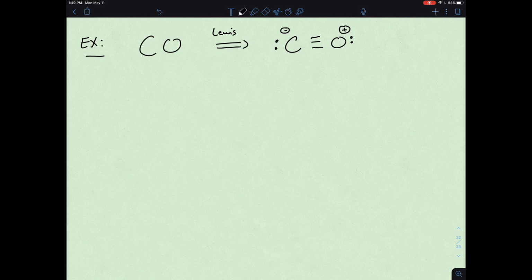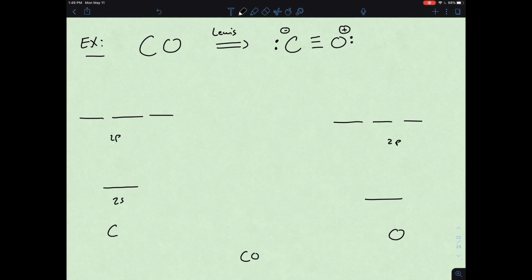So if I have my carbon on the left, my oxygen on the right, and I'm just drawing the carbon monoxide molecule in the middle. We find that they both have the same valence shells of electrons with the 2s and the 2p.